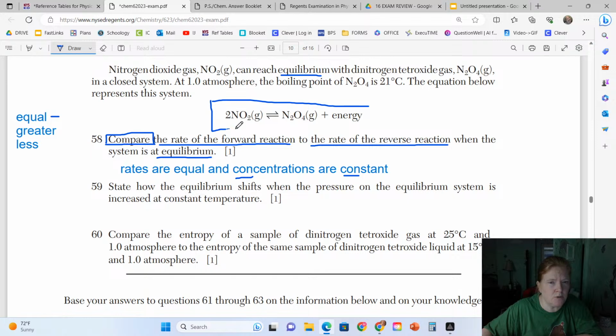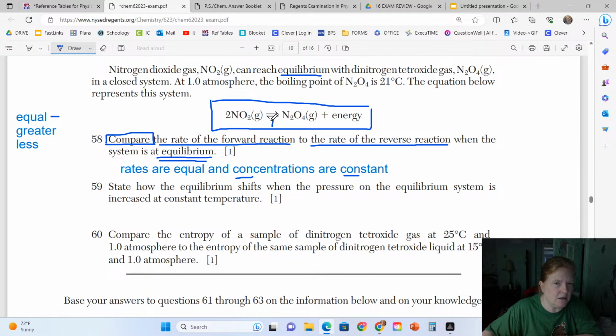Oh, do you mean this equation right here? What does this mean? Okay, so I can talk about that. So this is remembering that when a system is at equilibrium, the rate of the forward reaction and the rate of the reverse reaction are always equal. Okay, so what this equation means is this 2 in front of the NO2 means there's 2 moles of NO2 gas.